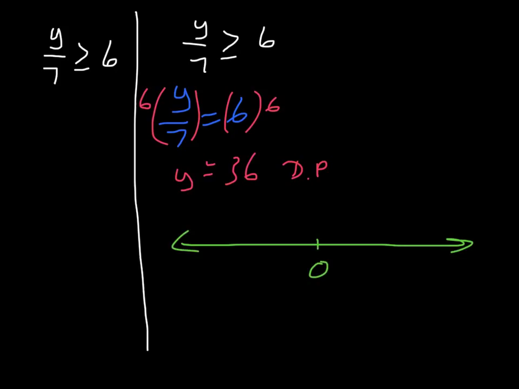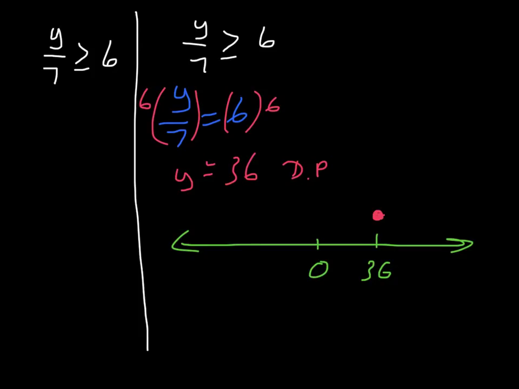So now I can plot it on my graph. So right here is 0, and so 36 is going to be to the right of it. So there's my 36. And then the last thing I need to do is put in my dividing point. So my dividing point is going to be a dot because it does have the line. And then the last thing I'm going to do is test my point.